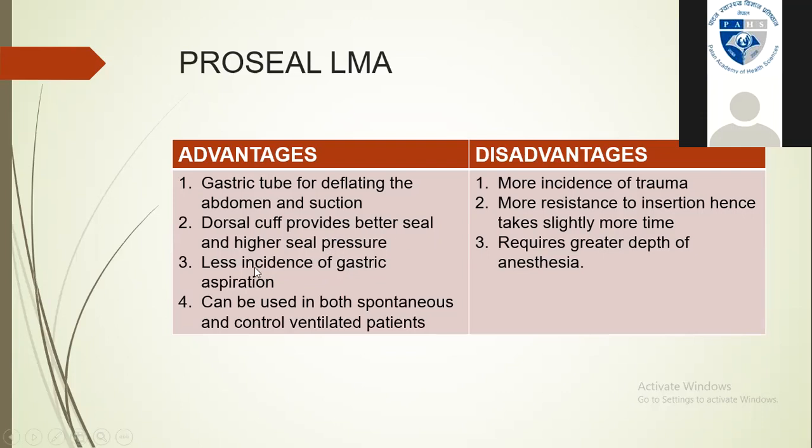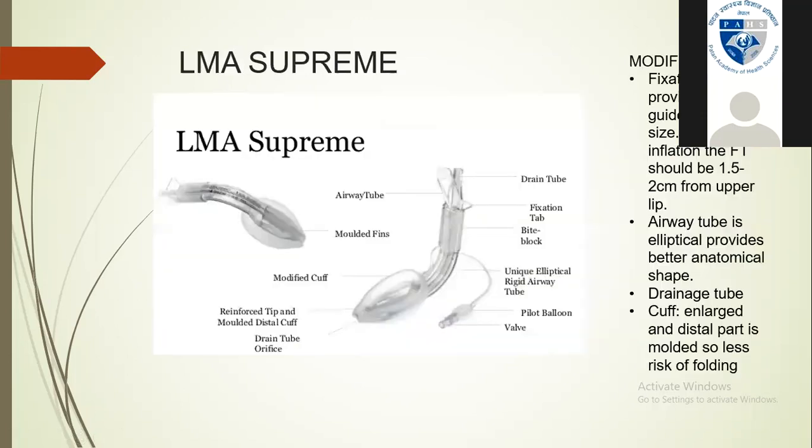Dorsal cuff provides better seal, less incidence of gastric aspiration, and disadvantages will be more incidence of trauma, as the cuff size is more and more resistant to insertion, hence takes slightly more time. Similarly, due to larger size of the cuff, it requires greater depth of anesthesia.